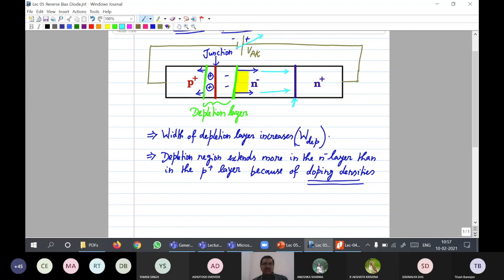That is what I was mentioning in the beginning. Now I'll indicate that as well. When VAK is further increased, the width of the depletion layer also increases further.